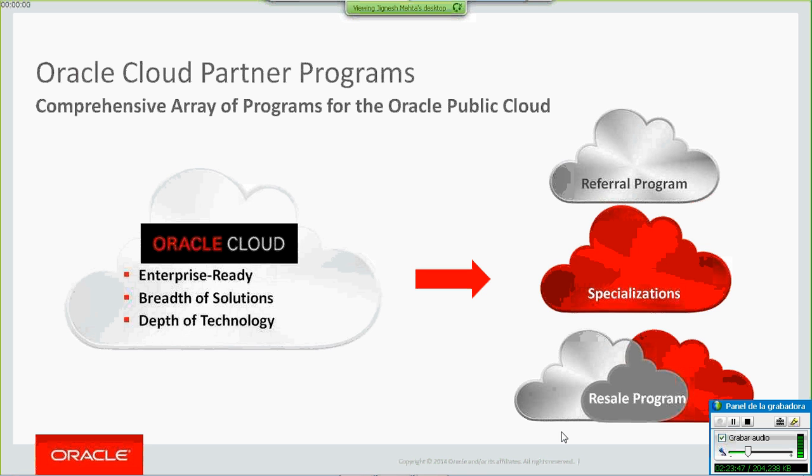So as a partner, you can also buy multiple BICS instances and resell them, or support customers with all the operational and management cycle of the cloud subscription, right? There's a lot more to do with the cloud than just implementation. There are various additional opportunities, like on-premise available on the cloud as well.